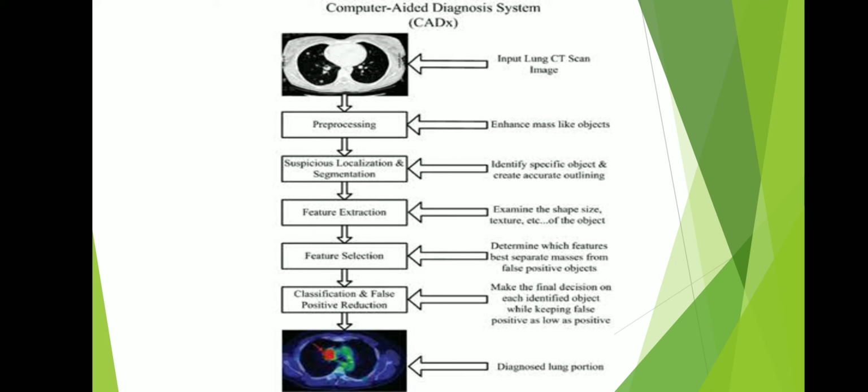At the starting I already told you that generally CAD-X shows the images with various color contrast. It helps to identify which color represents which type of part, and the parts with similar colors are of similar class. You can understand by this. So this is the finally diagnosed lung portion by the CAD system. Like this it helps.